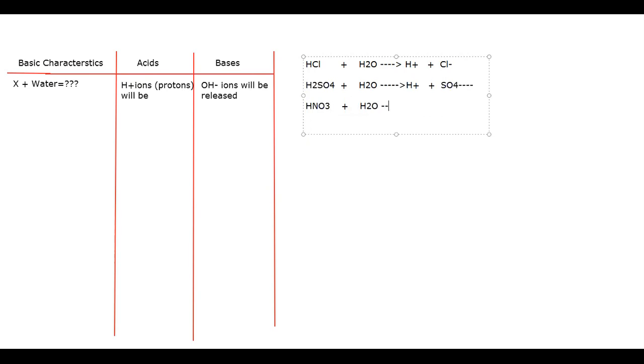When HNO3, the nitric acid, is dissolved in water, the hydrogen ion will be released because it keeps hydrogen. The hydrogen ion will be released, and along with that, nitrate ions are also produced. And what is the formula of nitrate ion? That is NO3 1 negative.